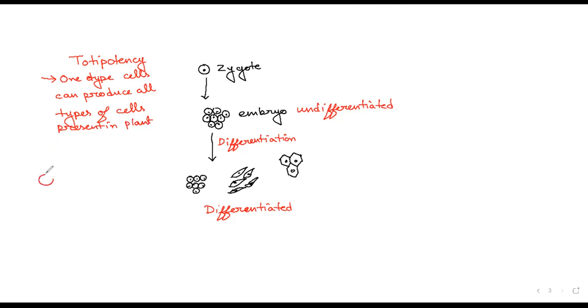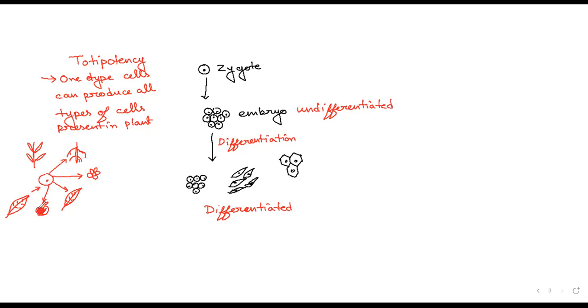That means if I take, consider, a cell from the leaf, from that cell I can produce root, I can produce leaf, I can produce a shoot, I can produce a flower, and even if I wish, I can produce a fruit too.